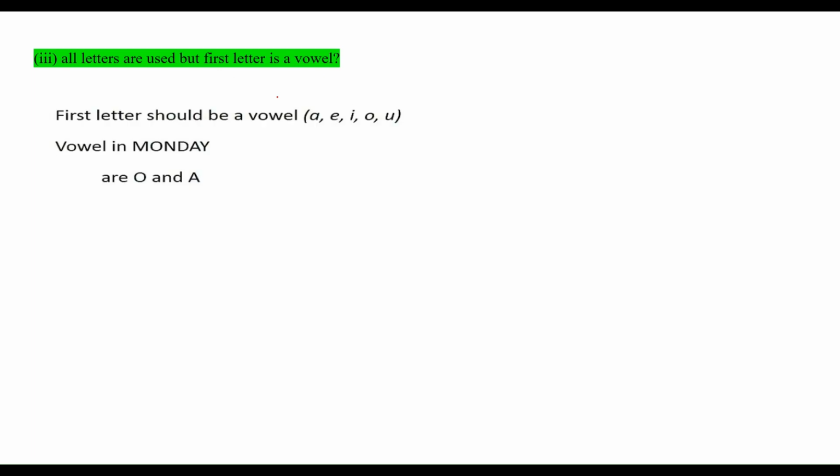So the last condition is all the letters are used but the first letter is a vowel. Okay. Now in the word MONDAY we are having how many vowels? We are having two vowels. So how many letters are there? Six letters. In that we are having O and A as the vowels. Here the first letter is a vowel, so we can write two letters are vowels. And for the remaining, either O can come or A can come.